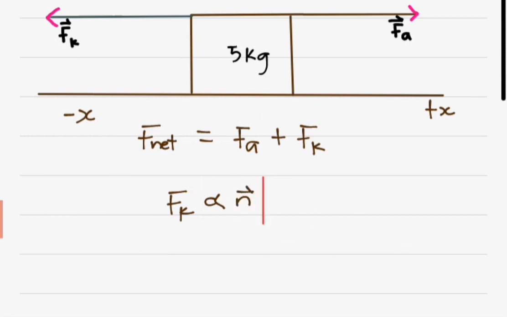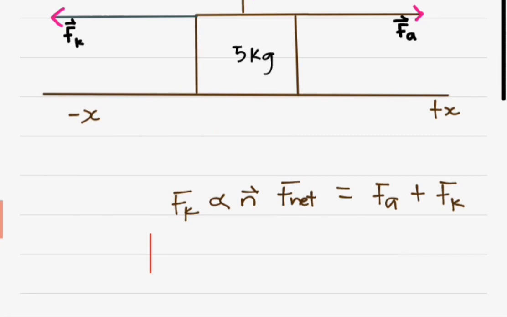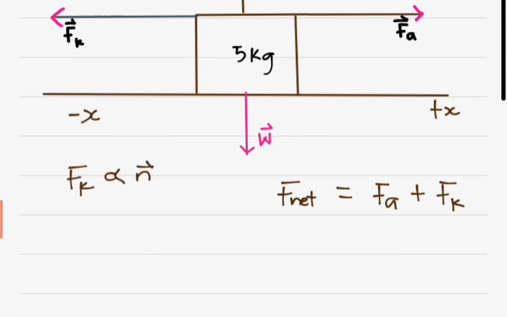Now, on this object, there is a normal force acting upward, as you can see, and there is a weight force acting downward due to the force of gravity. And notice that there is a weight force acting downward, which is what? Mg. So your weight force is equal to mg, which is the mass times the acceleration due to gravity.